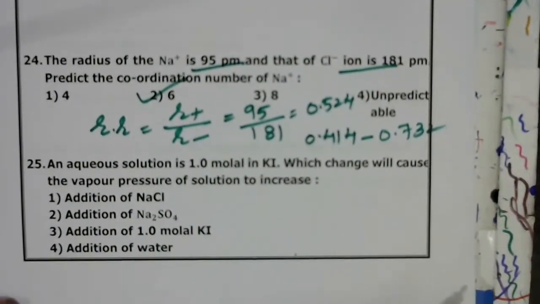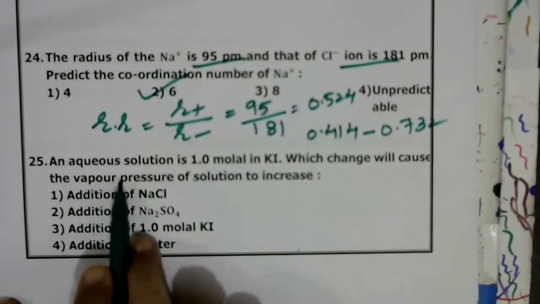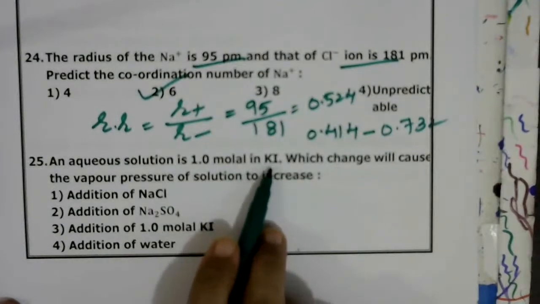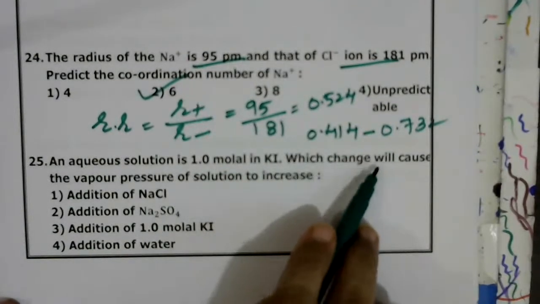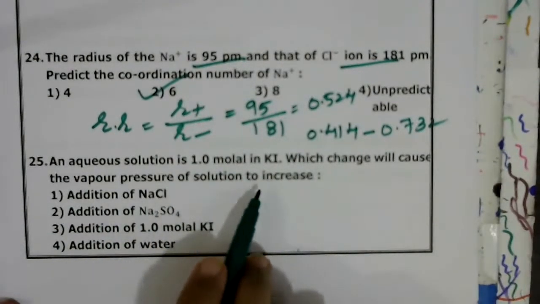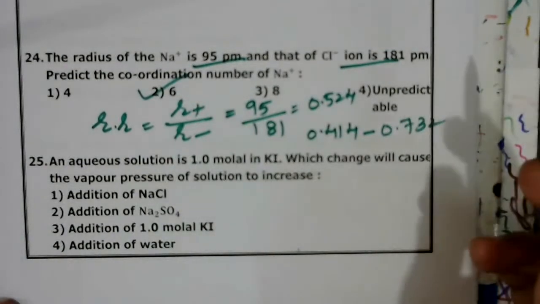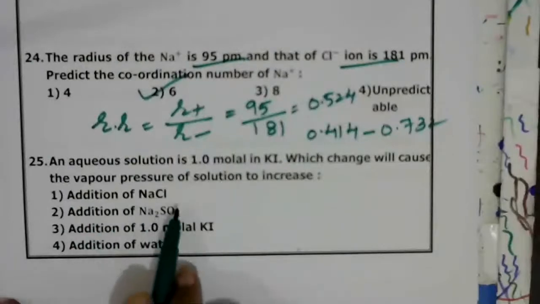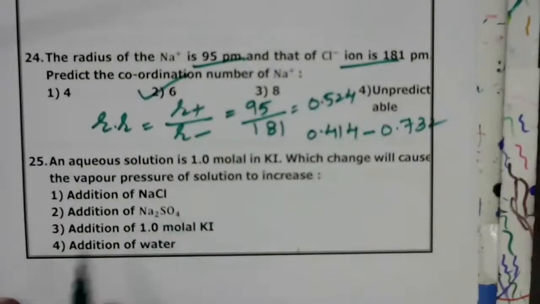Next question number 25. An aqueous solution is 1 molar in potassium iodide. Which change will cause the vapor pressure of the solution to increase? Addition of NaCl, addition of Na2SO4, addition of water.